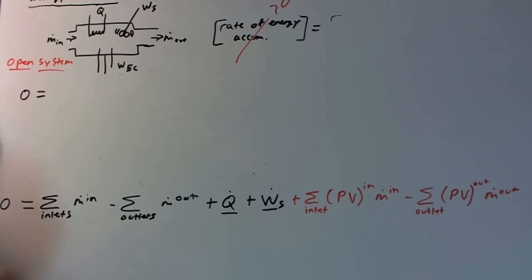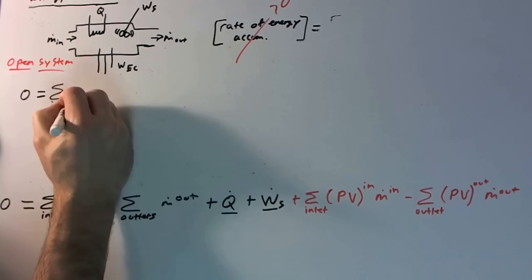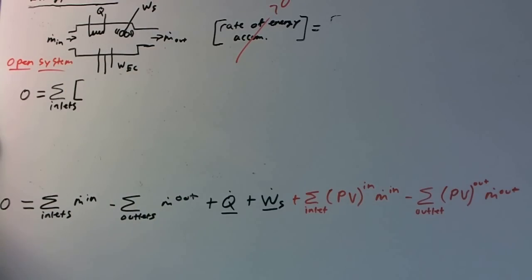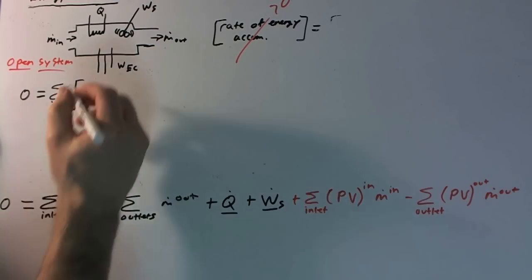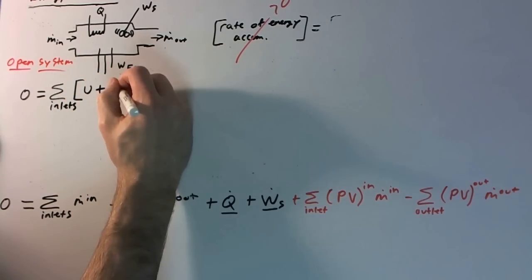It's going to be equal to the sum of the inlets. Now in this case we combine them. So we have the internal plus P times V, pressure times volume.